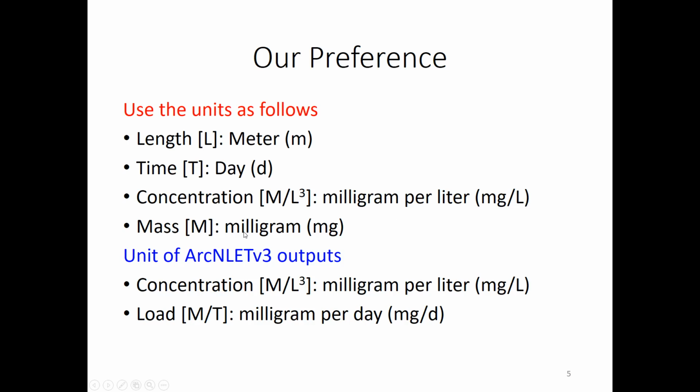For mass, it's milligram, and for concentration, it's milligram per liter. For load estimate, it's milligram per day, so that's a time unit. This part of the video is short, but I hope it explained how to specify units for the variables using ArcNLET. Thanks for watching.